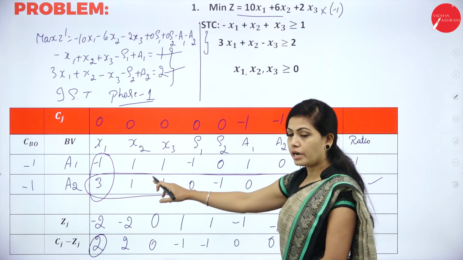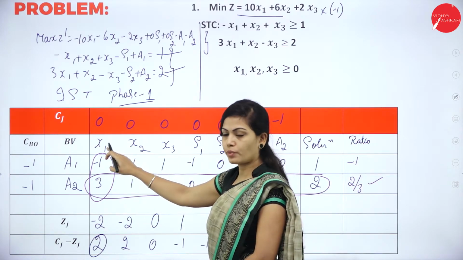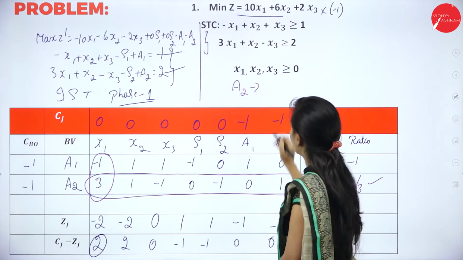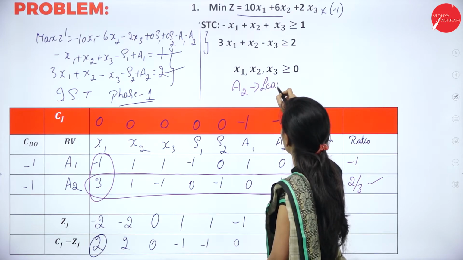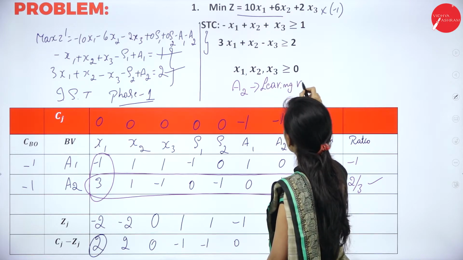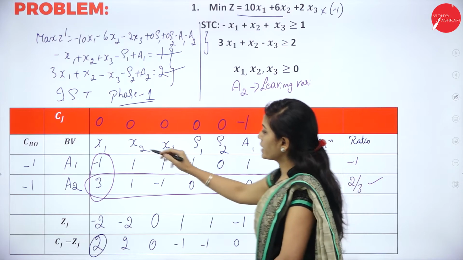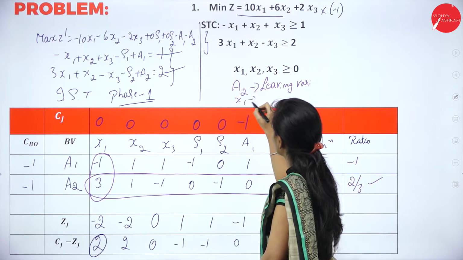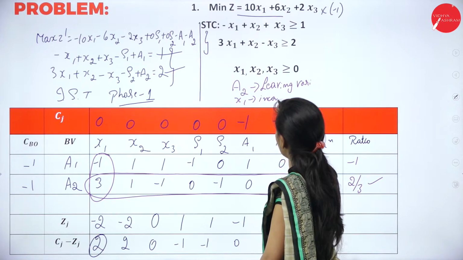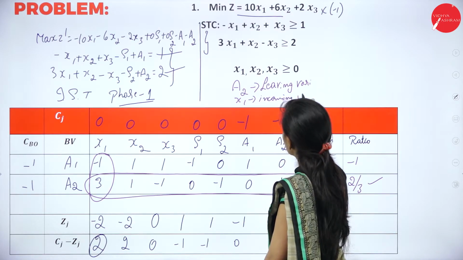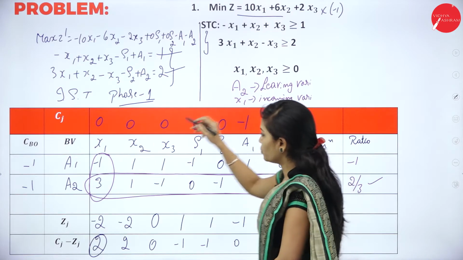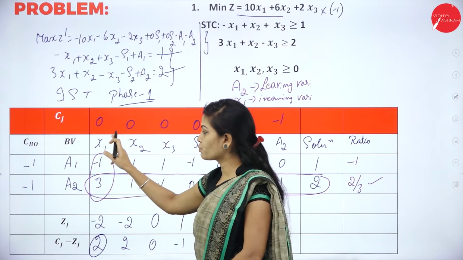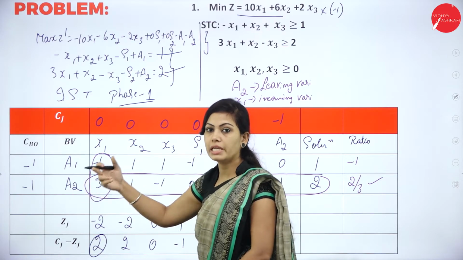So now you can observe this. Key column is x1, key row is a2. So key row means a2 is the leaving variable, and x1 is the entering variable or incoming variable. So in place of a2, I can write x1, because x1 is the entering variable and a2 is the leaving variable.